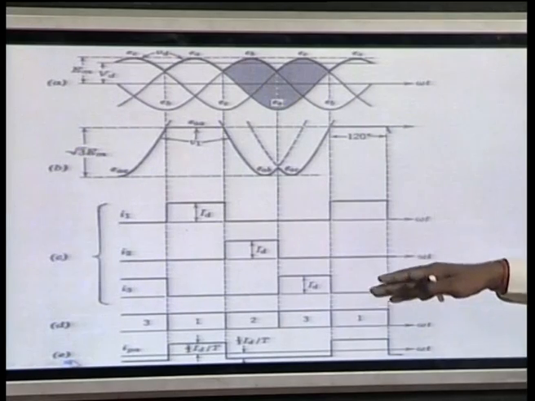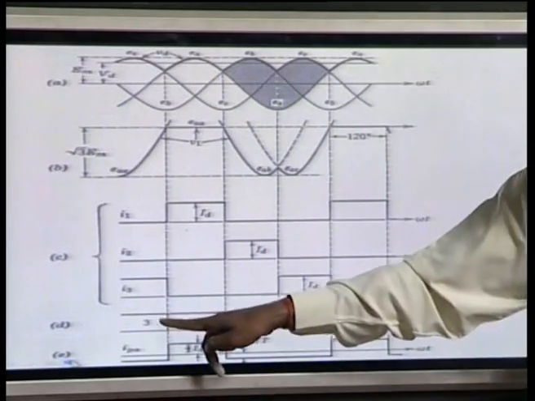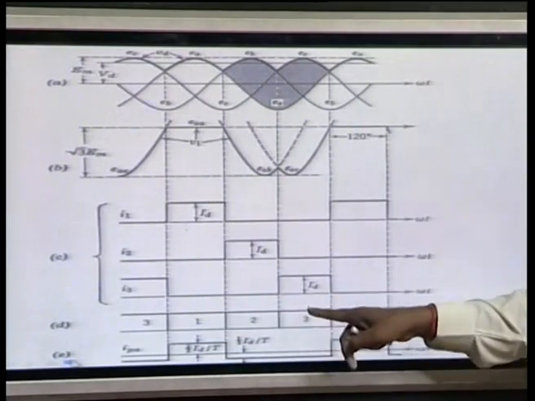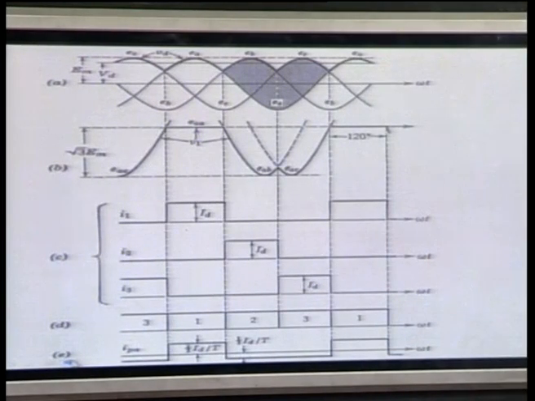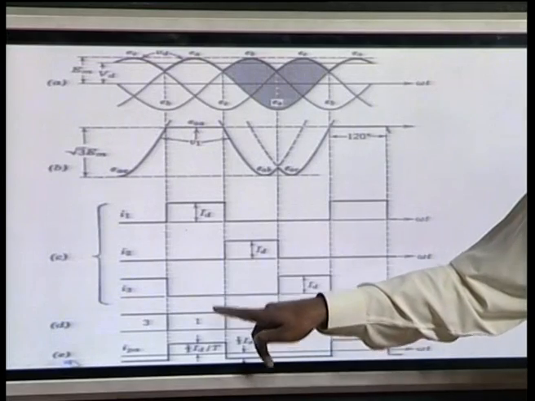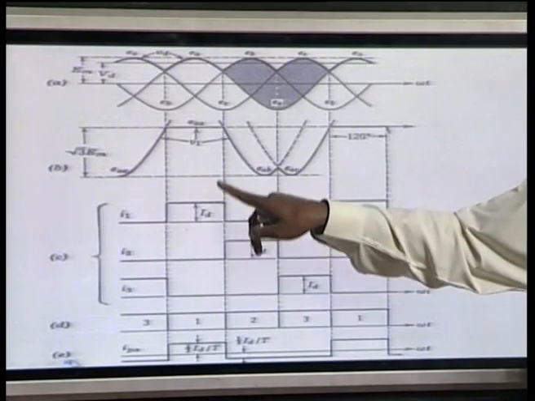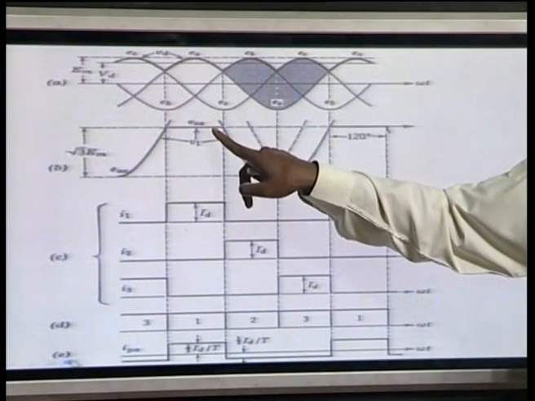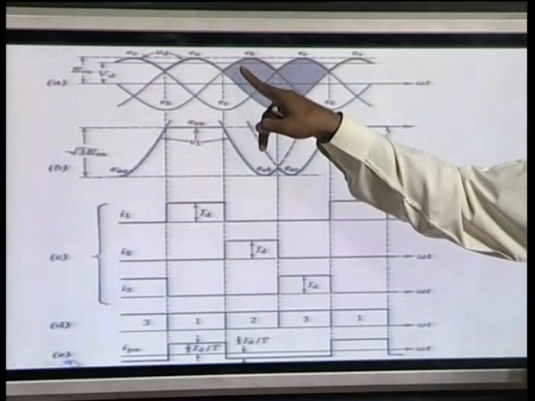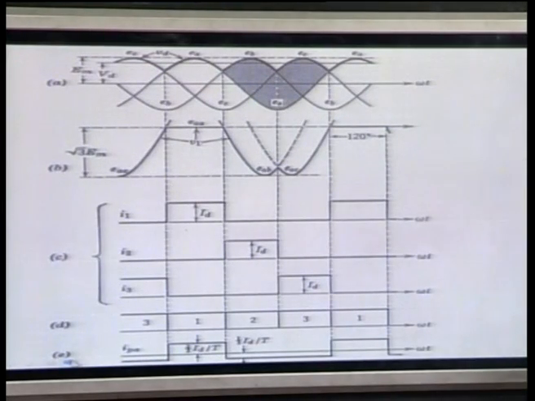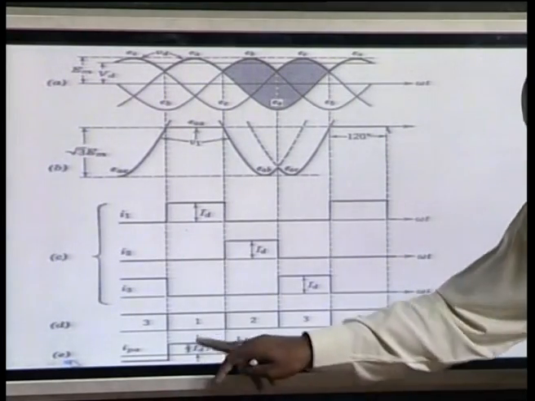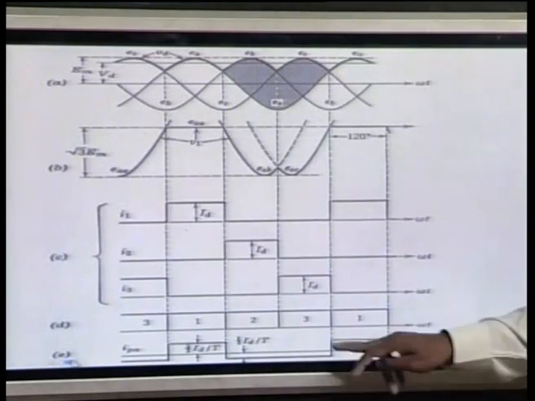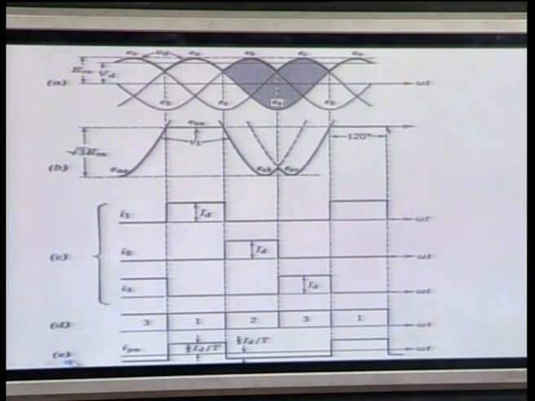If you add them all together, it shows 3 1 2 3 1, which is the sequence of conduction. When valve 1 is conducting, the current is DC, the voltage across the valve is 0, and the output voltage will be EA, because we are taking neutral as the return path. And the primary current appears like pulses across the delta winding.